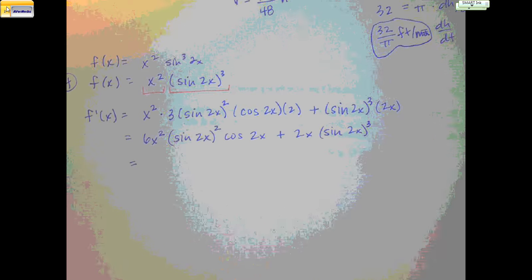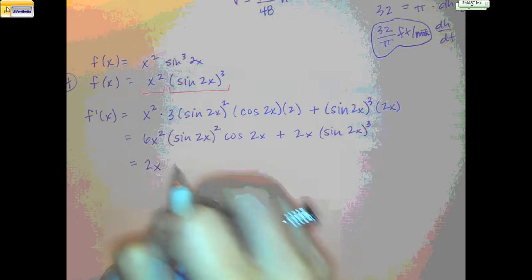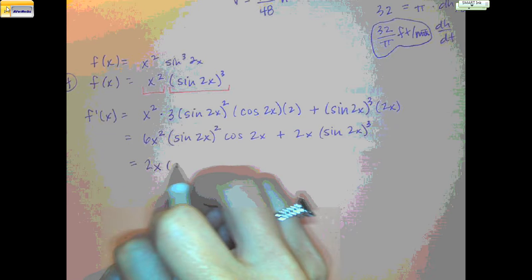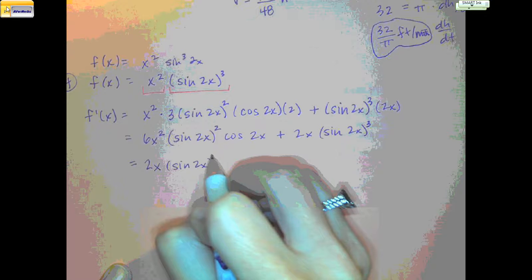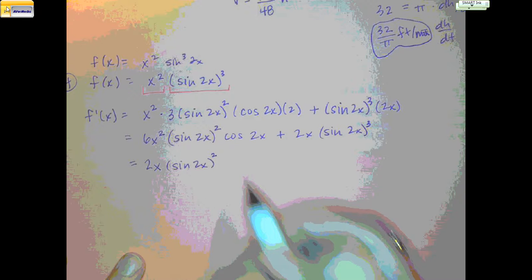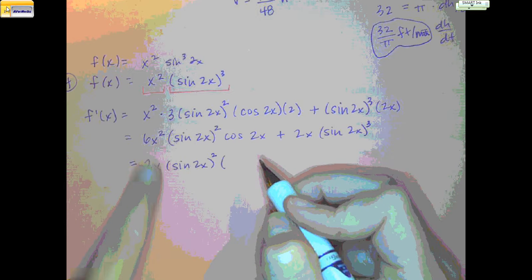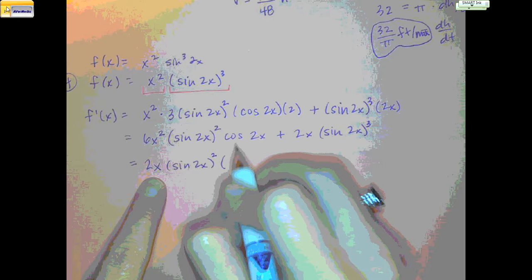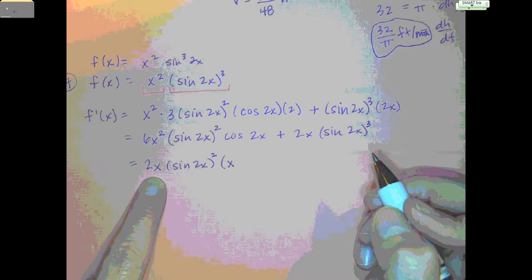Let's take out 2x and sine 2x squared, because there's 2 here and 3 here. So when I do that, 6x squared divided by 2x is x, right? You with me?